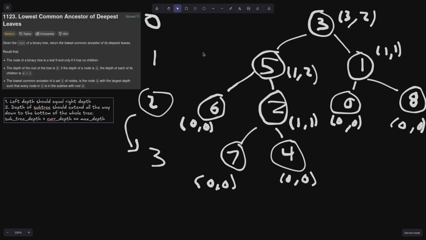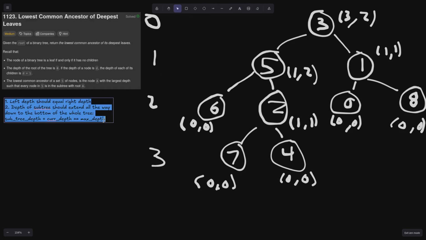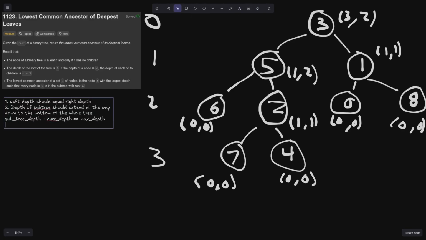All right. Now, with that information, we would have to come up with a third condition, but actually, these two conditions are essentially all we'll need.